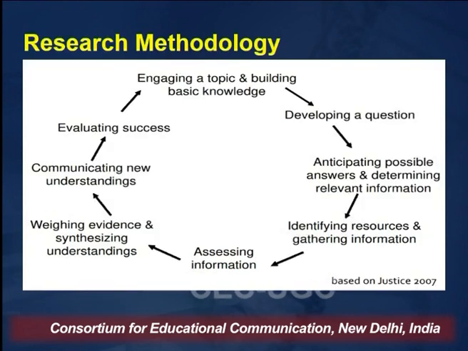So this is the research methodology, as I discussed last time, that we start from the observation part: you observe a certain phenomenon or behavior, you get curious about it, you engage in analyzing it, then you develop a hypothesis to explain that phenomenon. For that, you do a lot of review of literature as well, because you do not have to reinvent the wheel all the time.